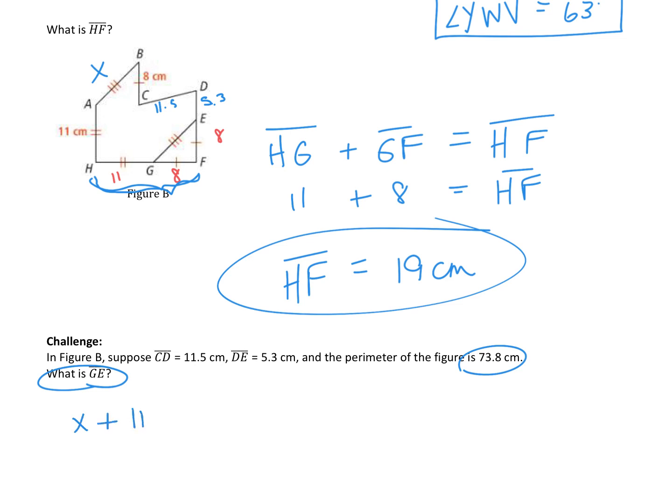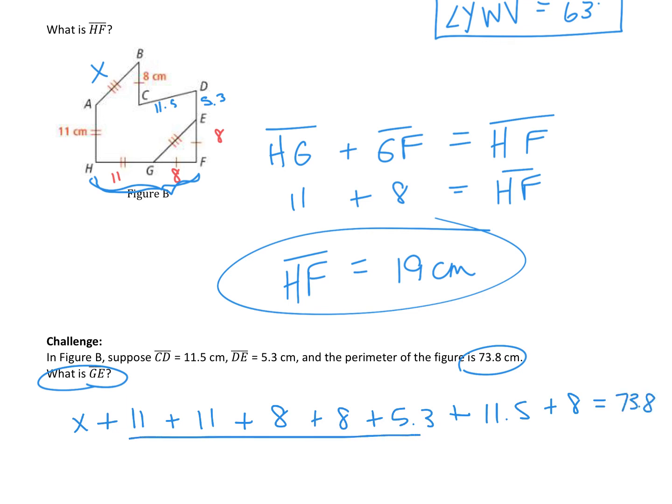There's HG, which is 11, then GF, which is 8, then FE, which is 8. Then they gave us that DE of 5.3. They gave us DC of 11.5, and then we have BC, which is another 8. So that's all the sides of this shape added up, and we know it's going to equal 73.8.